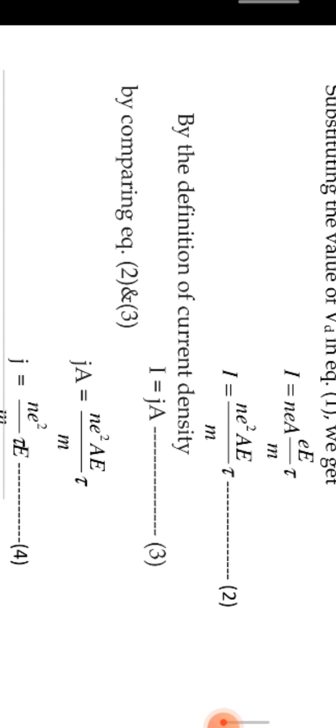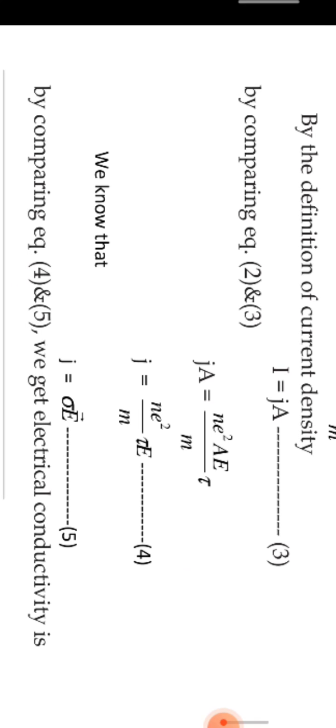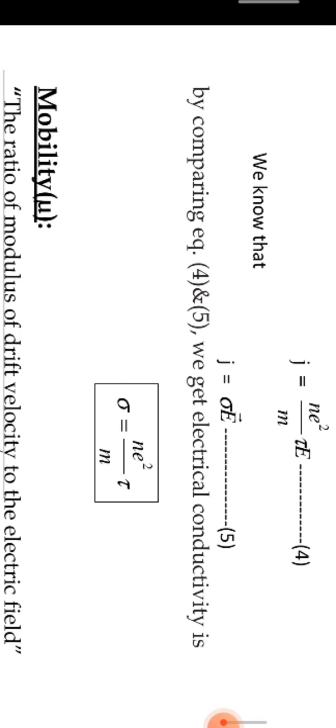Now by the definition of current density, I equal to J into A. Here we have J into A equal to N e square A E divided by m into tau. Both sides A cancel, so J equal to N e square by m into tau E. From this, J equal to sigma E, which we know.